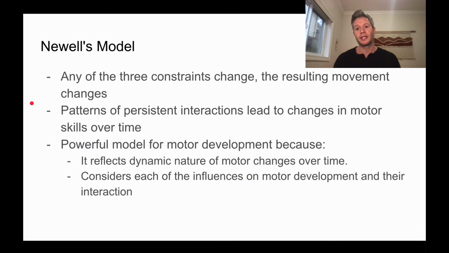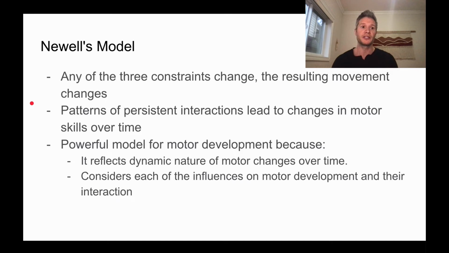Okay, and it's a really, really powerful model that we use for motor development because it reflects how dynamic motor learning and motor changes are over time. And we'll come back to that concept of dynamic motor patterning, and it considers each of the influences on motor development.